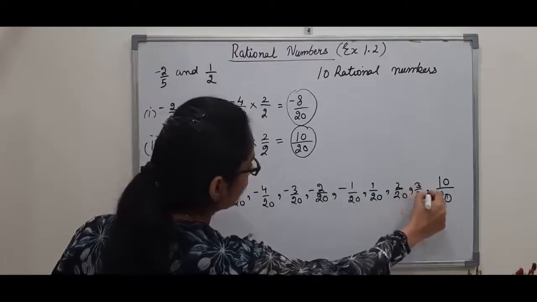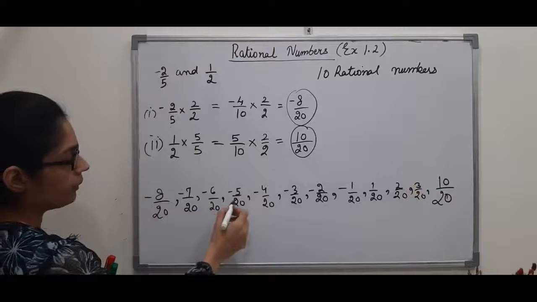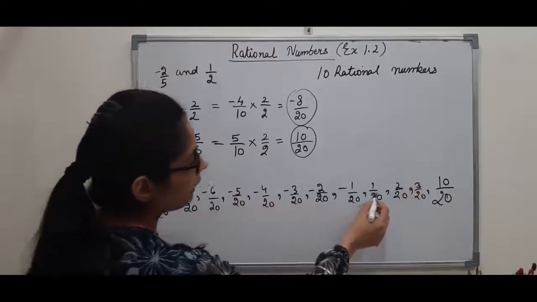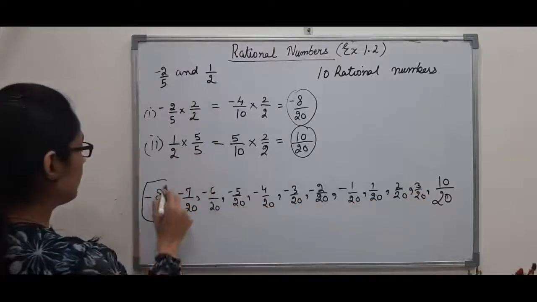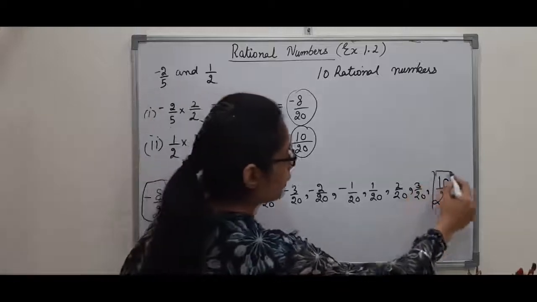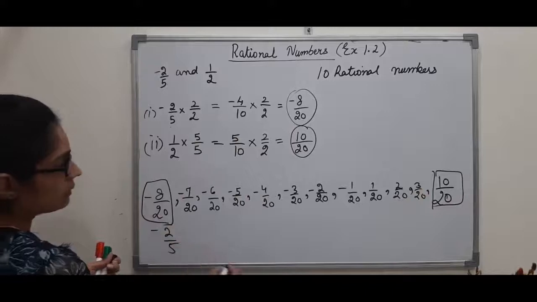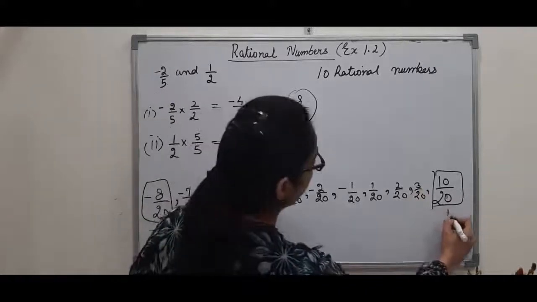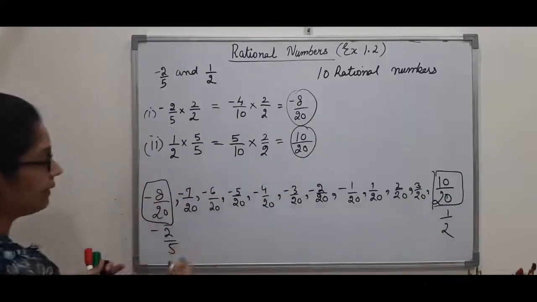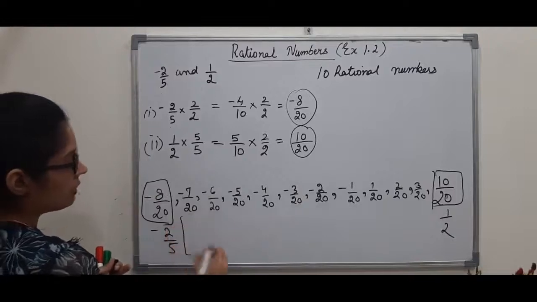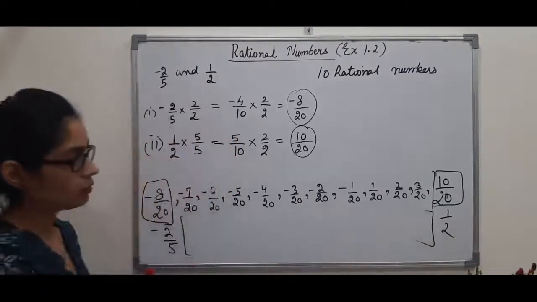20. Let's count it first. 1, 2, 3, 4, 5, 6, 7, 8, 9, 10. So we have written 10 rational numbers between these two. This is equal to minus 2 by 5 and this is equal to 1 by 2. So now I can write these 10 numbers between these two.